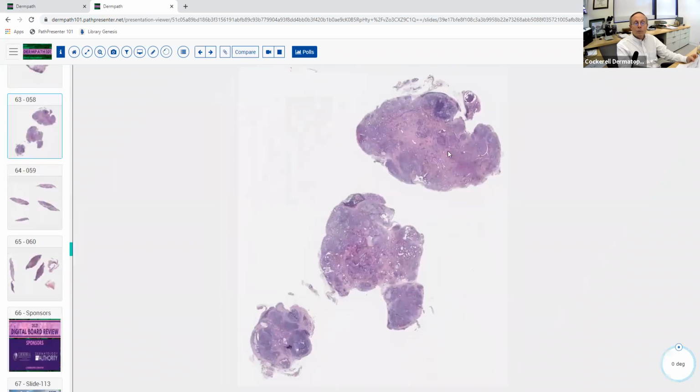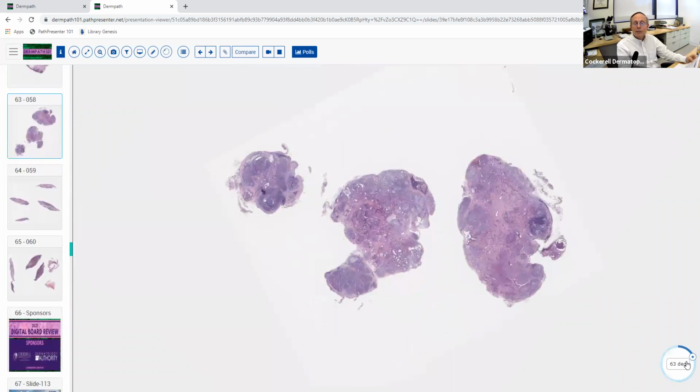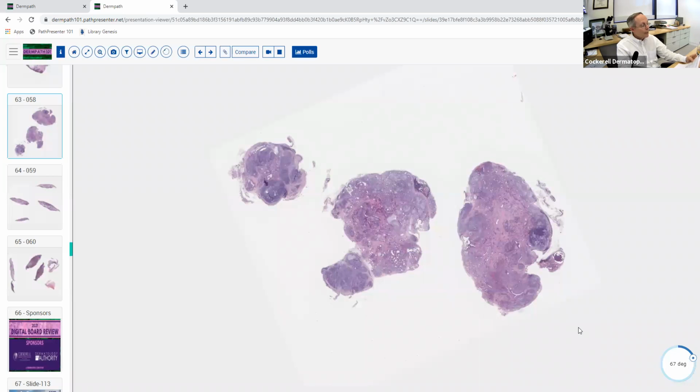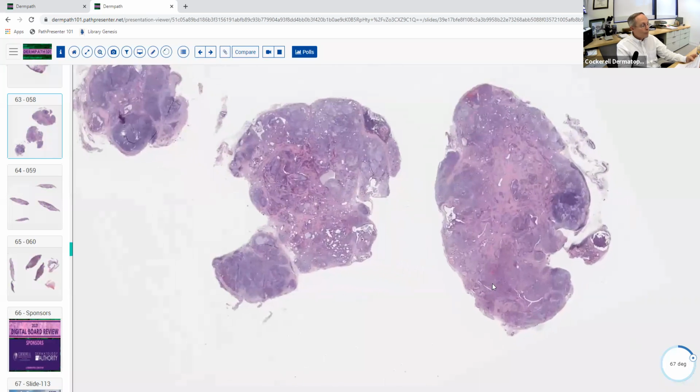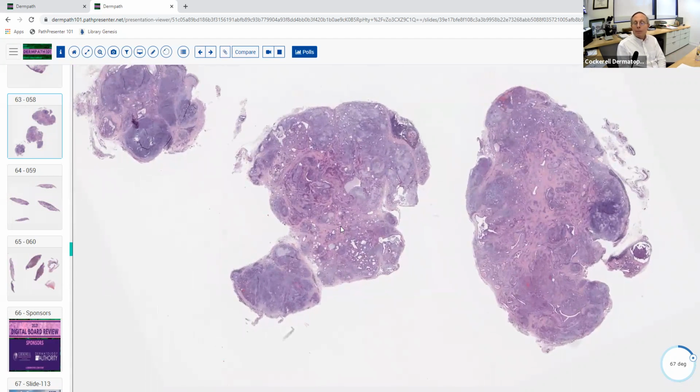Okay, take a look at this one. I think we'll look at the middle one of this. There's actually 3 pieces. So once again, you want to look at all 3 when you're looking at this with your computer. And this was a 60-year-old man who came with a nodule on his flank. Do we think this is epithelial or non? Do you think it's inflammatory neoplastic? Well, clearly it's neoplastic.